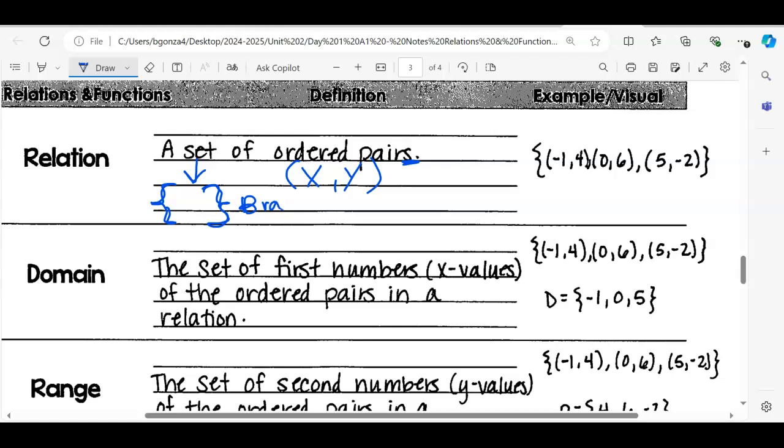You got to use brackets, okay? If you use brackets, like you see off to the right, and you have multiple points, that's going to be a relation. Just a bunch of points. And if you have a bunch of separated points, remember, that's called discrete. So this example is discrete because they're disconnected points.